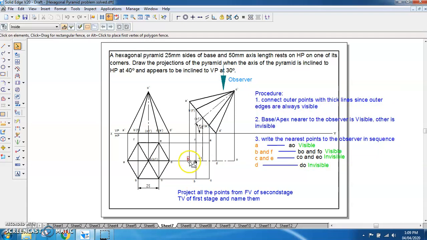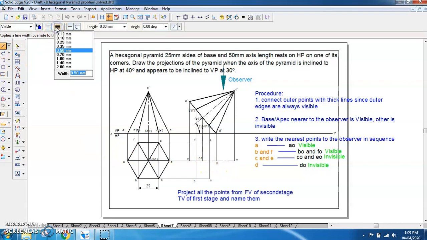So you connect A to B, B to C, C to O, O to E, E to F, and F to A, using a line having thickness 0.4.